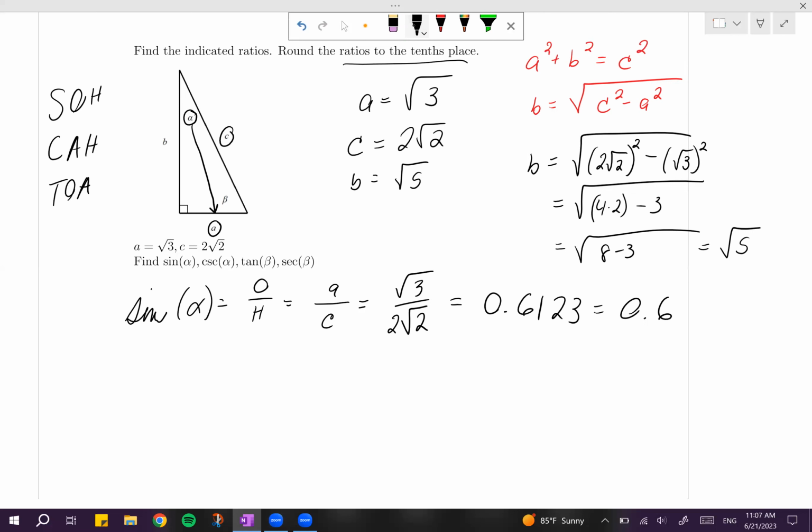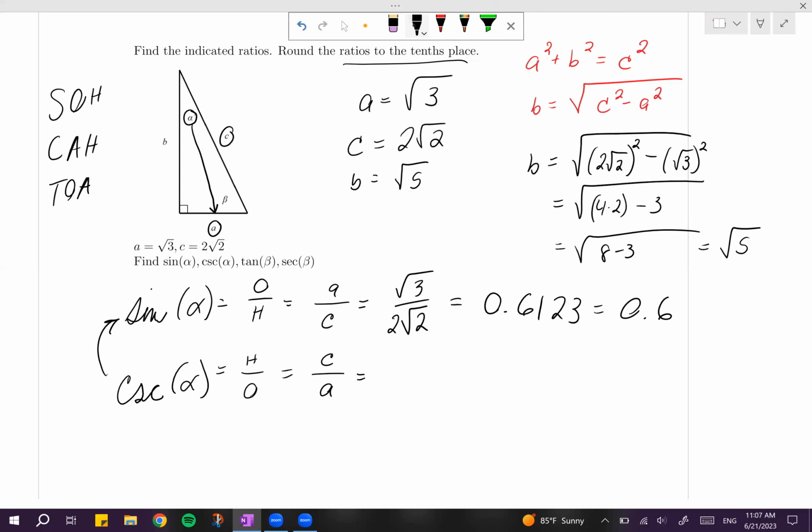Alrighty. Cosecant of alpha is the inverse of sine, so this is hypotenuse over opposite. So side C over side A. Just a second.